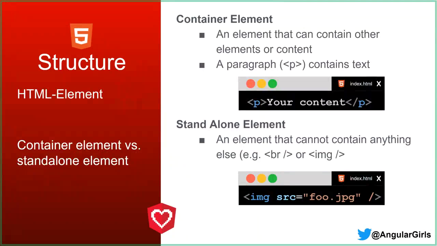Container elements have content in between. Standalone elements don't display any content in between, for example, the image element or the break element. They are just for one simple functionality. But in a paragraph, it makes sense to show content in between.